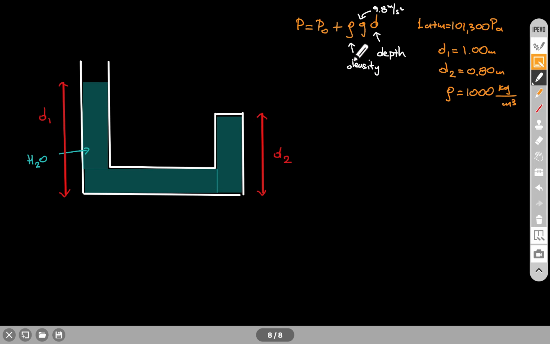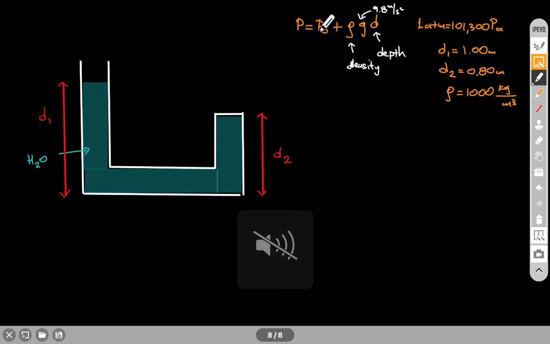Here, I want to point out both words, depth and density, start with a D. So I use D for depth, and for density, I will use the Greek letter rho, that is also often used for density.